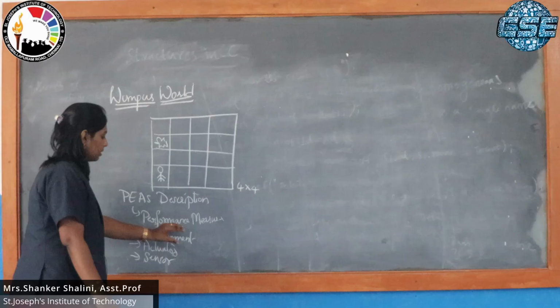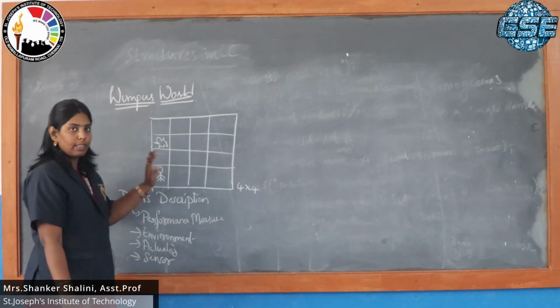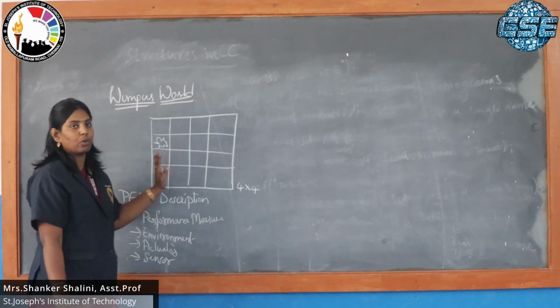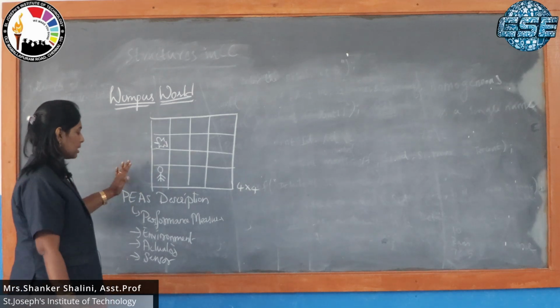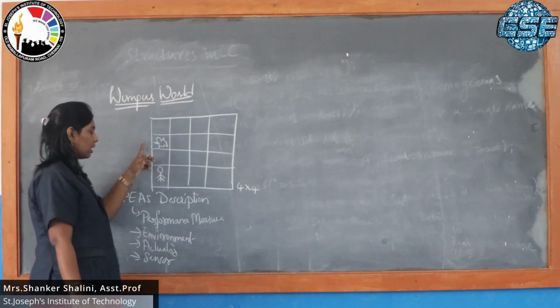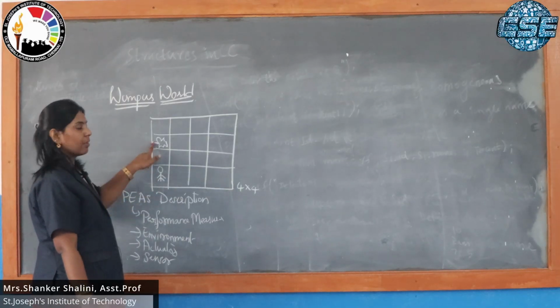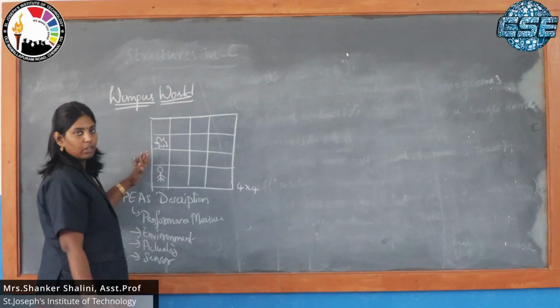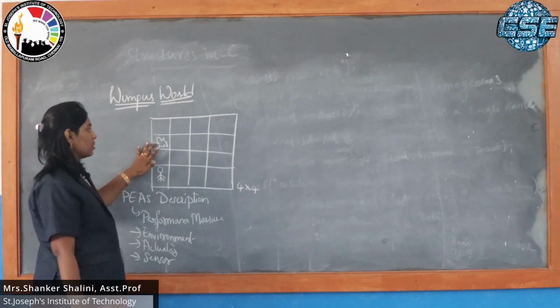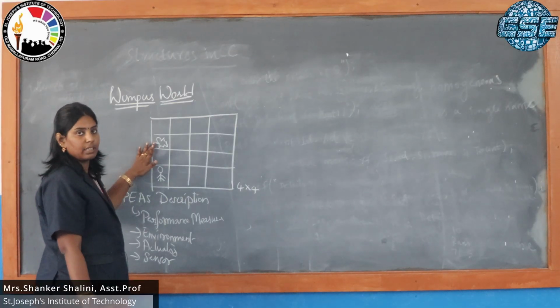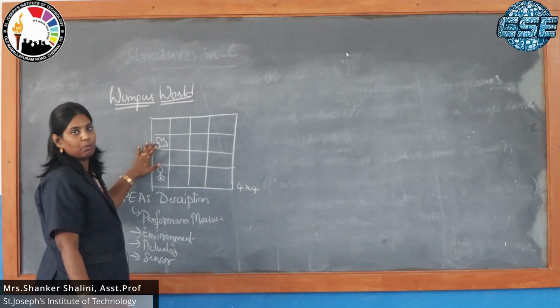Initially we will see what is the environment. In this problem, what is the environment we are going to see? In this environment, initially what is there in this grid? We have an agent and we have a Wumpus in it. Here the Wumpus action is, whenever the Wumpus sees anyone in its grid, in its room, it will eat them away.